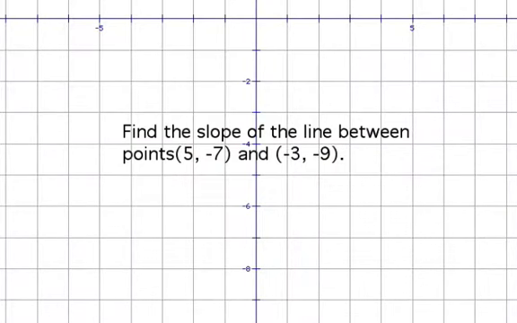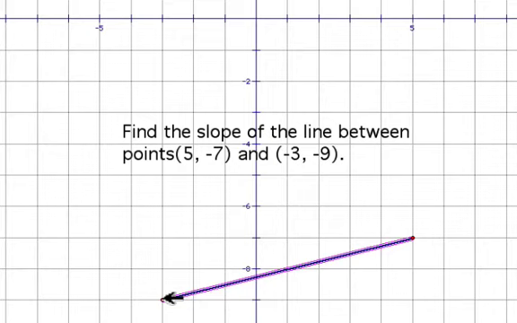So now we're going to quickly verify the solution here using a piece of graphing software. So we're going to plot the points (5, -7). So we go over to 5, down to -7, plot our point. And so there it is. And then -3, down to -9, plot that point. And now what we can do is draw a line between the 2 points.